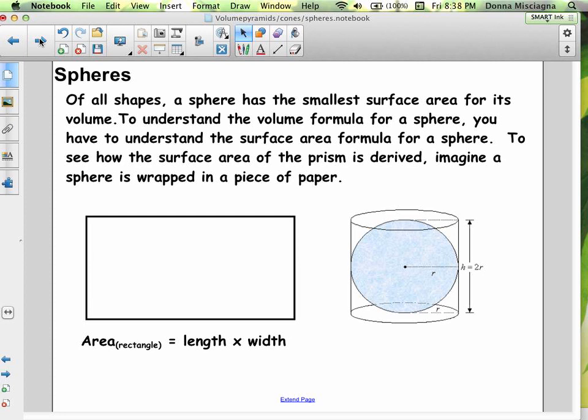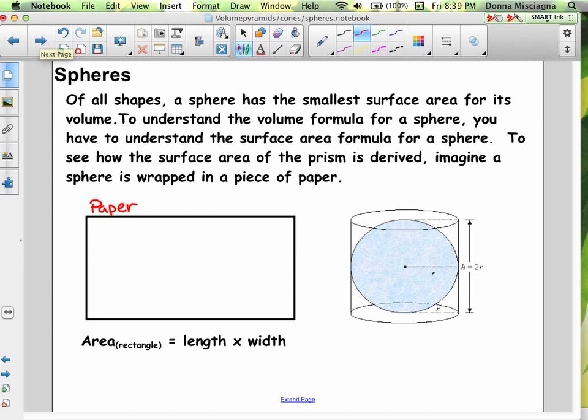Okay? So imagine here I have this piece of paper, this rectangle. And I'm going to wrap it around the sphere, just like I have over here. So here I've just wrapped up the sphere in the paper.